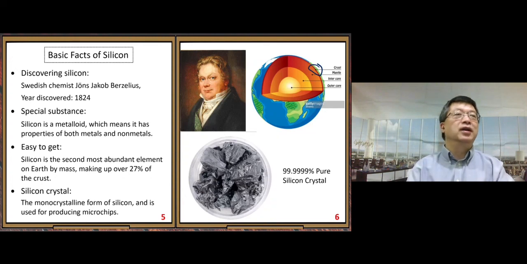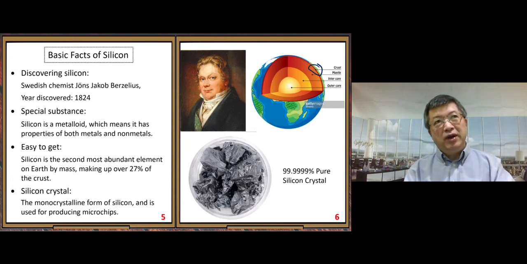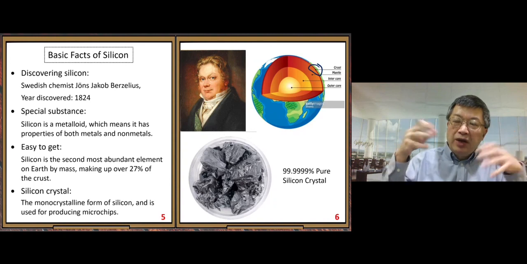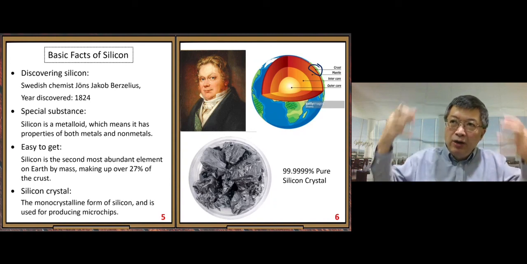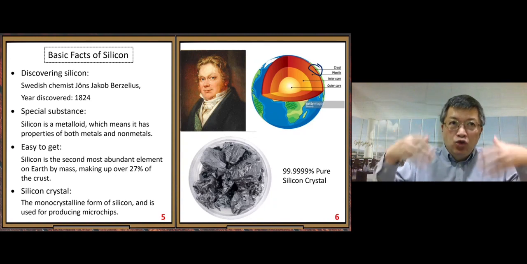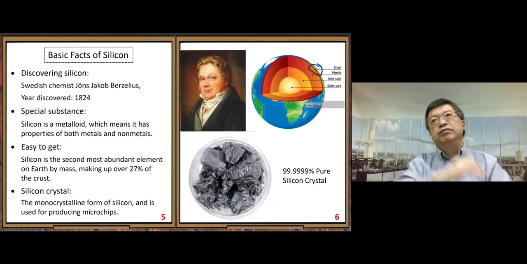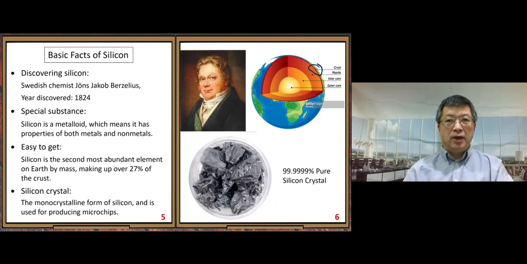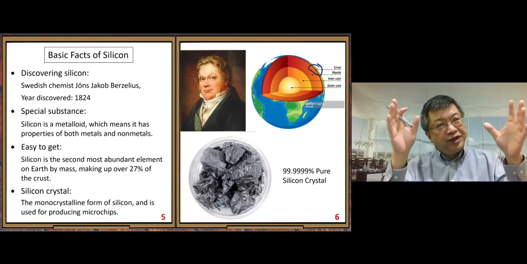In the next video, I will give you more information about the manufacturing process to make silicon crystal extremely pure for transistor microchips. All right, so let me stop here for the second video.